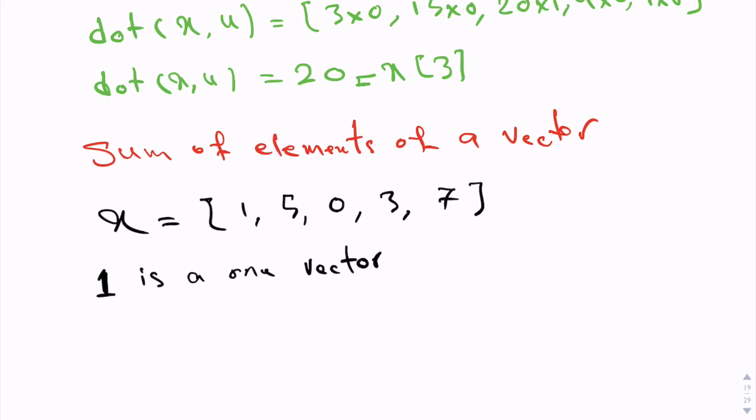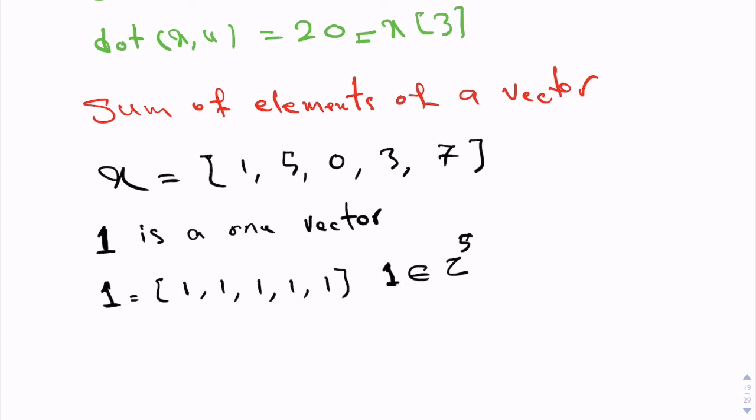So do you remember this vector, the bold 1, is a ones vector. All elements are 1. So let's say I have a ones vector whose elements are all 1: 1, 1, 1, 1, and 1. And 1 is a vector belonging to R^5. Now, if I do the dot product x dot y, because I wanted to be more clear, I use this angle bracket notation for the dot product.